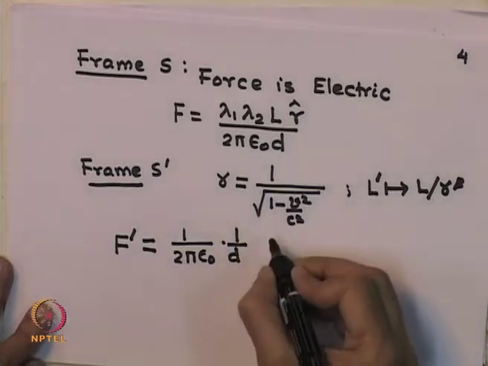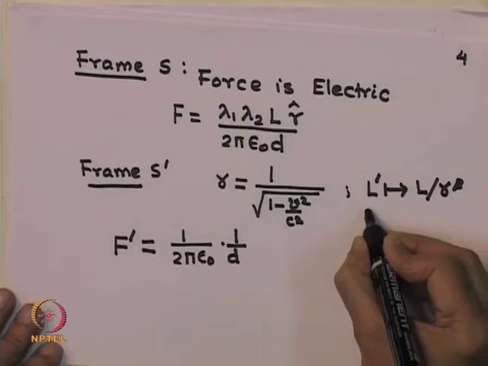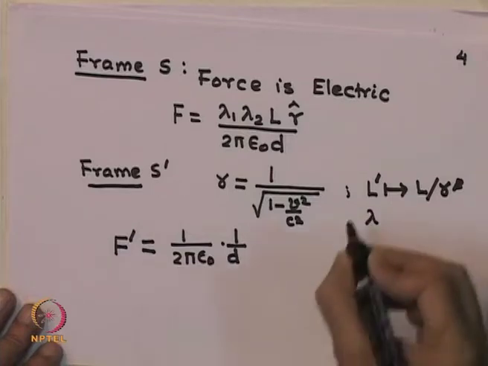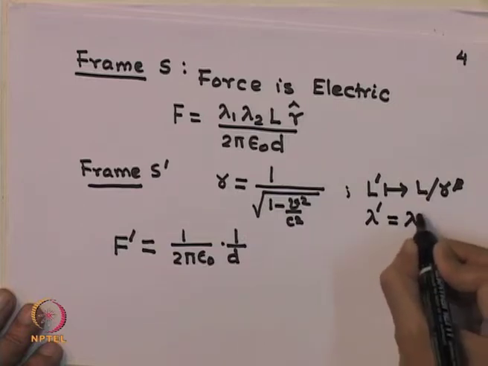The only thing I have is the contraction of the length, but contraction of the length gives rise to an increased charge density, because charge density is nothing but the amount of charge per unit length. So, my charge density, which was lambda, will now become lambda prime, which is lambda times gamma.